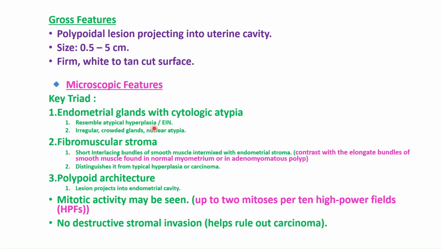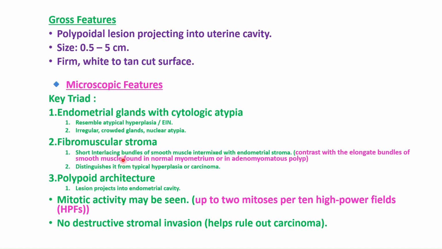It resembles atypical hyperplasia, so we have to differentiate it from EIN or atypical hyperplasia with the help of microscopy. Second, irregular crowded glands and nuclear atypia. Second component is fibromuscular stroma.